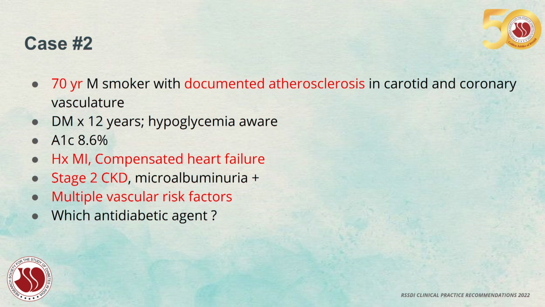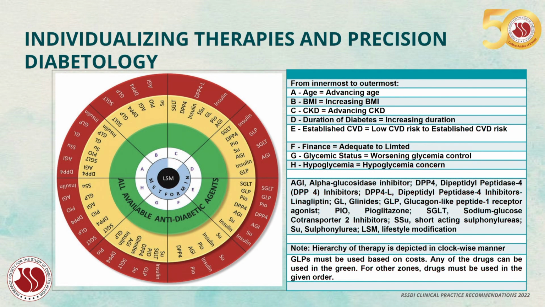So multiple considerations you have to keep in mind. Now let us look at the wheel. So let us look at age as a consideration. Ideally, if age becomes a major consideration, he can be a candidate for DPP-4 or AGIs or maybe SGLT2. But here the bigger consideration is established cardiovascular disease. First option would be SGLT2 inhibitor or GLP-1 receptor agonist.